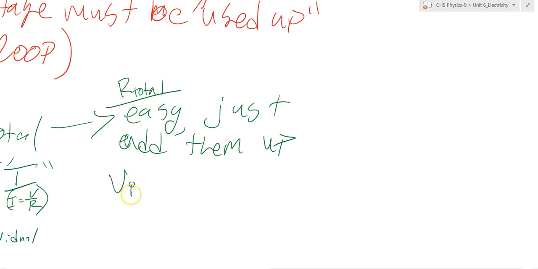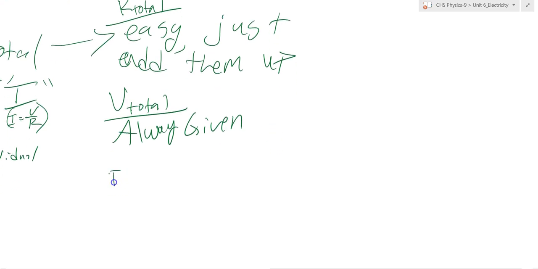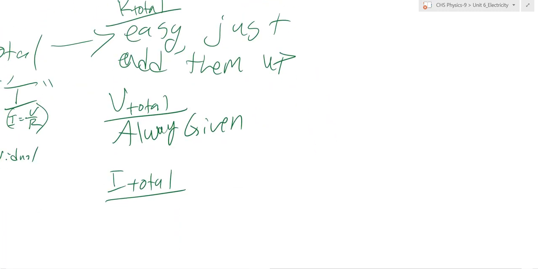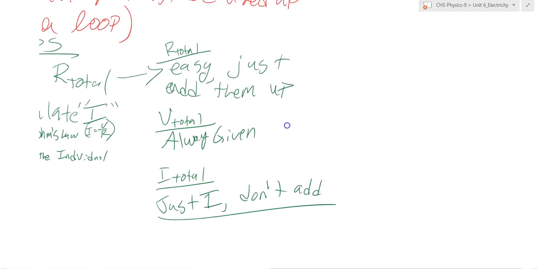The V total is always given. And then the I total is just I. Don't add. Okay?